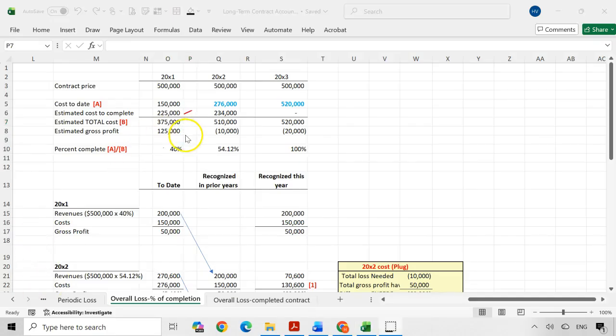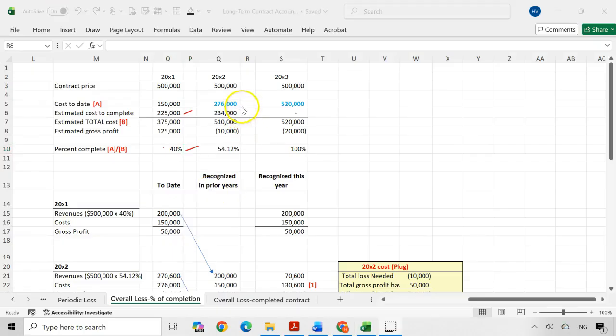So when we take our cost to date divided by estimated total cost, we get a percentage completion of 40%. And here we see we recognize $200,000 of revenue in 20x1, which is the 40% from the $500,000. And we have our cost of $150,000. So we've recognized $50,000 of gross profit in year 1 and recorded the entries for it accordingly.